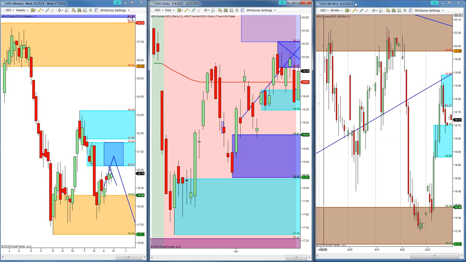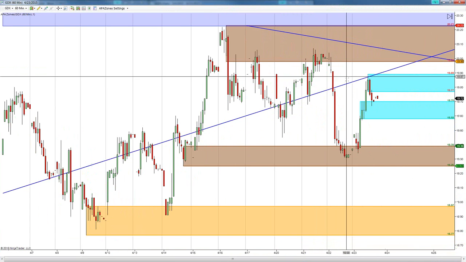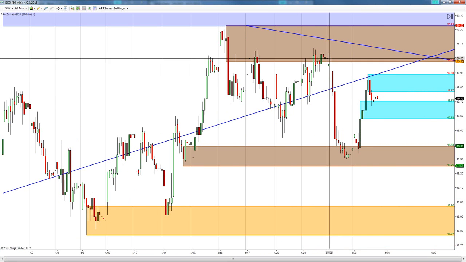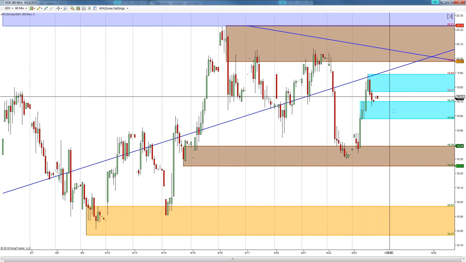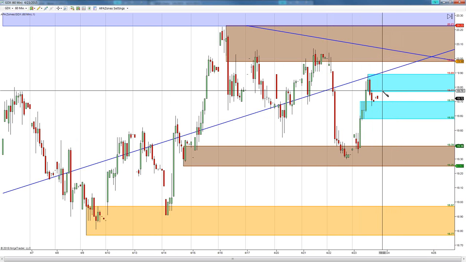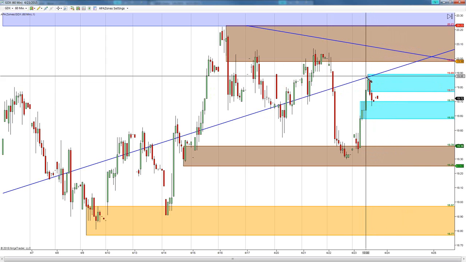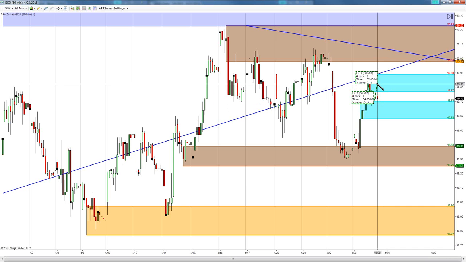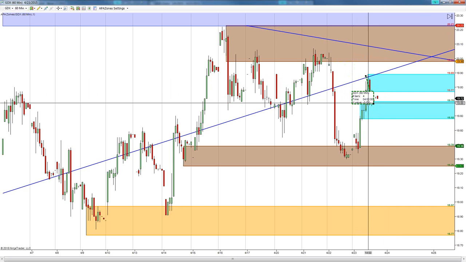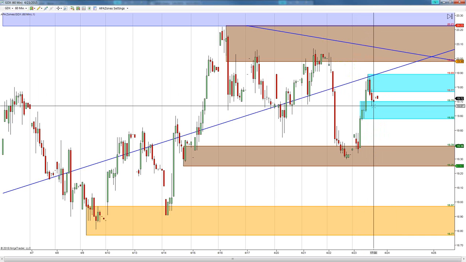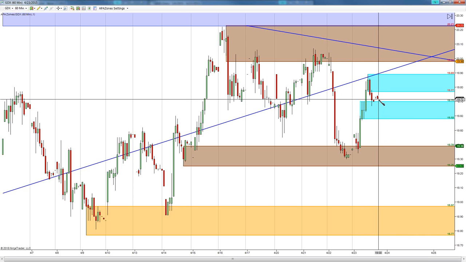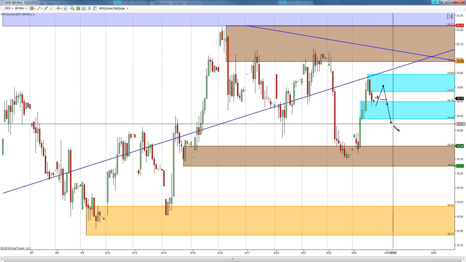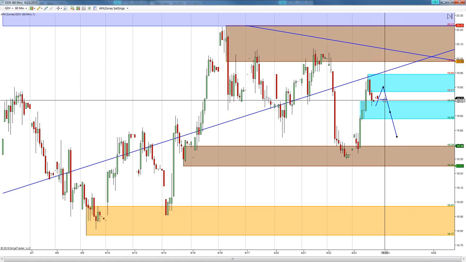Okay, so on our weekly, again, in order to take the short, we're going to be looking at selling at resistance, buying back at support. So as prices bounce down into here, and if we can get a retest back into this aqua zone, that means that the aqua zone just below us has already been hit once, and so if we take it short, let's say as it comes back up into here, this would be confirmation, and this level would be weak.